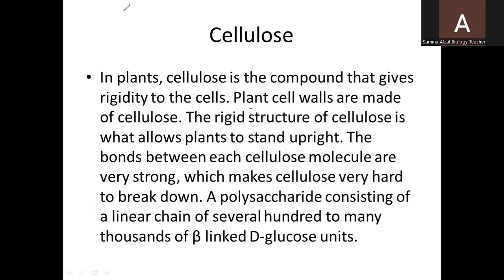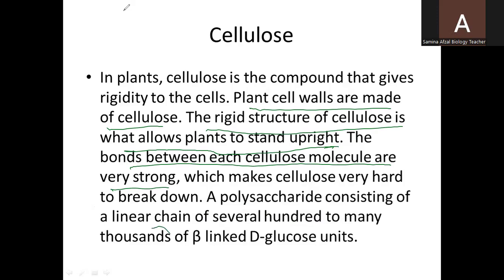So plant cell walls are made of cellulose. The rigid structure of cellulose is what allows plants to stand upright. If cellulose is not there, plants can fall down on the ground. They cannot stand upright. So the bonds between cellulose molecules are very strong, which makes cellulose very hard to break down. It is a polysaccharide consisting of a linear chain of several hundred to many thousands of beta-linked D-glucose units.